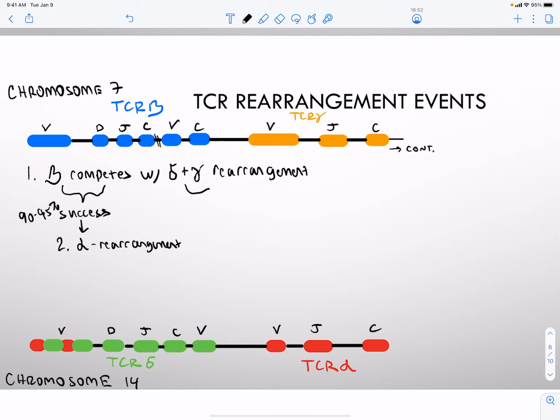If the gamma delta rearrangement is successful, you get a gamma delta T cell, and this will travel to mucosal tissues.